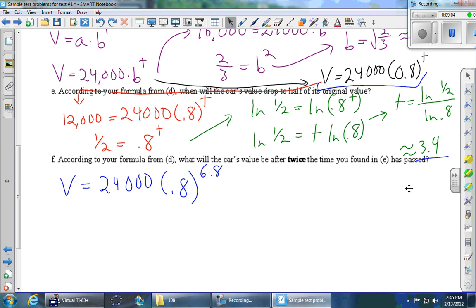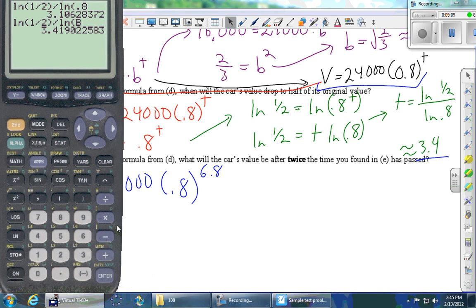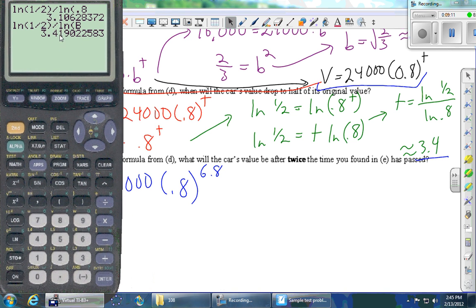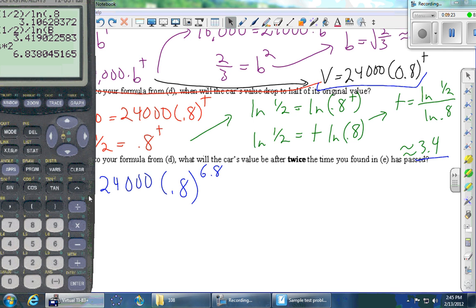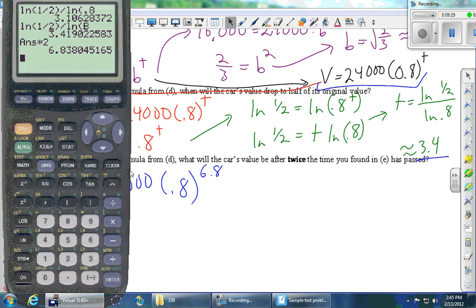Okay, again, you could just type that in the calculator, but I'd like to avoid any kind of rounding error. So how about we take this number, which was our 3.4, and we go ahead and double it right now, times 2. That's really what it should be instead of this 6.8. And then I think you could either store that number or we can just use the answer feature here on the calculator. So I want 24,000 times 0.8, which is B, raised to that number.